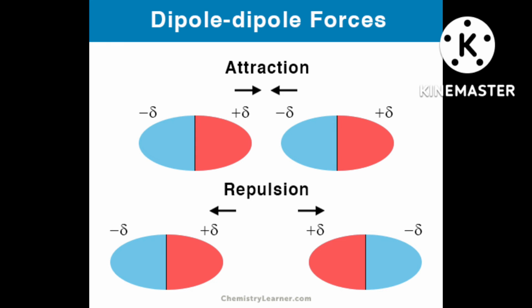High polarizability increases the strength of attractive interaction. If size is large, then it can be polarized easily, because it is easy to remove the electron from the large size.